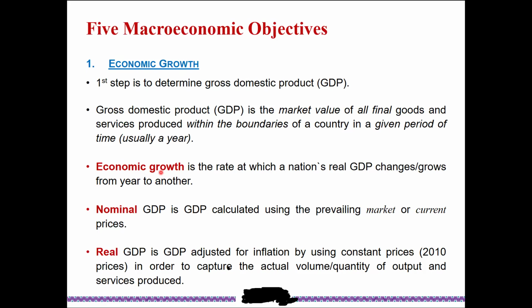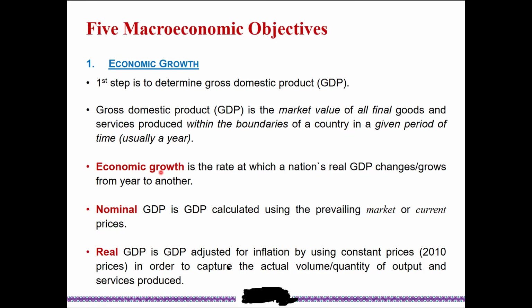Real GDP, also called GDP at constant prices, is calculated using the prices of the base year. These prices have been adjusted for inflation when you're calculating real GDP. That's the only thing you have to know here.